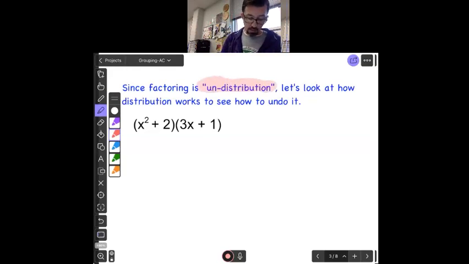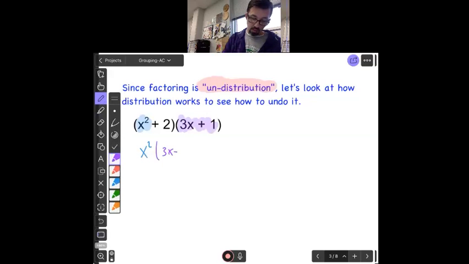Something that's probably been a while since you've thought about, like when you first learned to distribute years ago. What you were shown was that you take that first thing, x squared, and multiply it by all of this. So you would say, what's x squared times 3x plus 1?